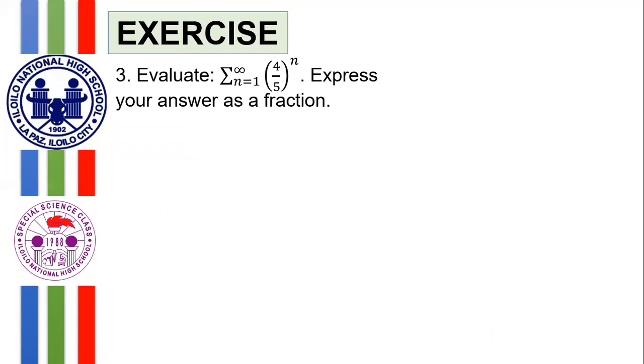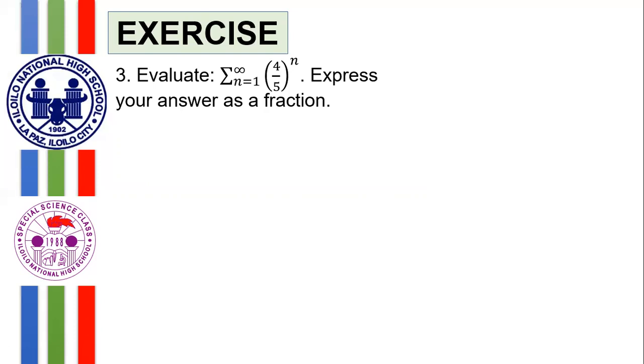Evaluate the summation of 4/5 to the nth power as n goes from 1 to infinity. You could see in this particular summation expression that your lower limit is 1, and you have an infinite number of terms because of this infinity symbol.